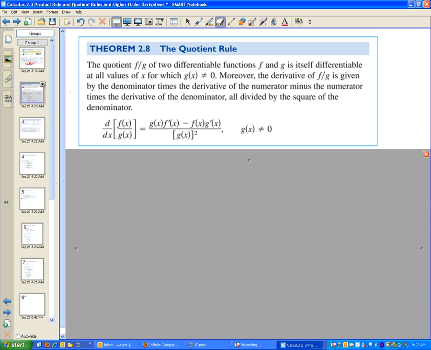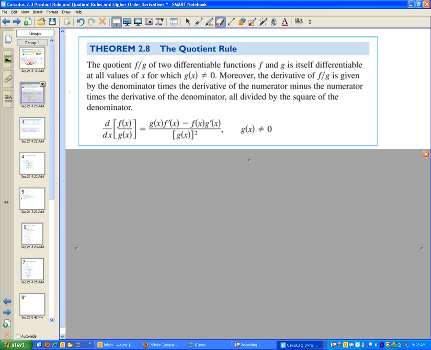Okay? So some denominators will have x coordinates that make them equal 0. Well, the derivative does not exist at those x coordinates. Okay? Moreover, the derivative of f divided by g is given by the denominator times the derivative of the numerator minus the numerator times the derivative of the denominator, all divided by the square of the denominator.